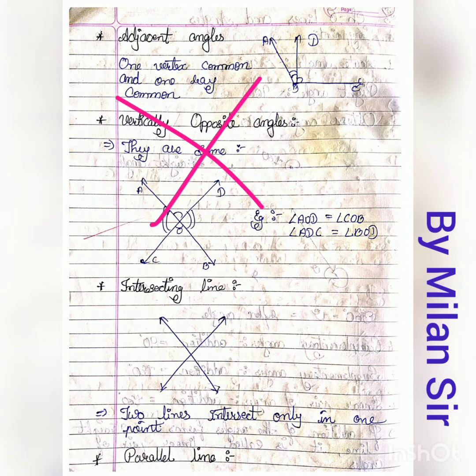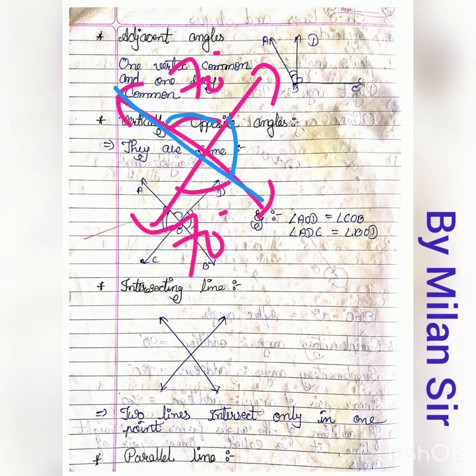It forms an X shape. Now here, if this angle is 70 degrees, then this is 70 degrees because they are vertically opposite angles. But this angle and this angle are a linear pair of angles because the addition of these angles forms one line. So the addition of these two angles is equal to 180 degrees.